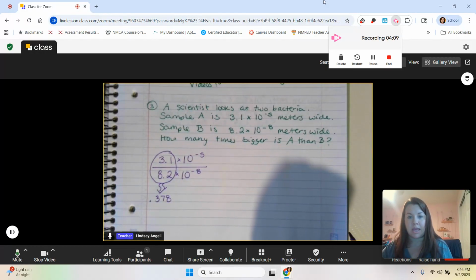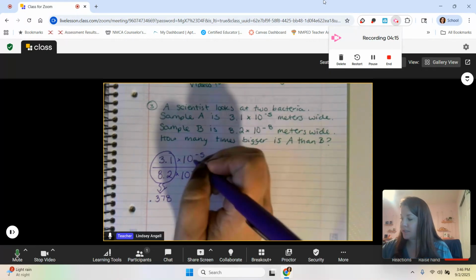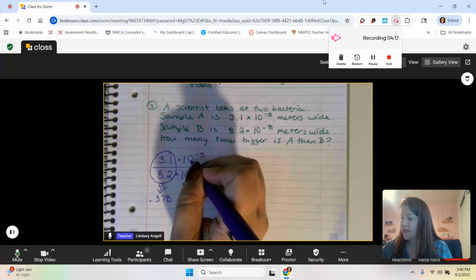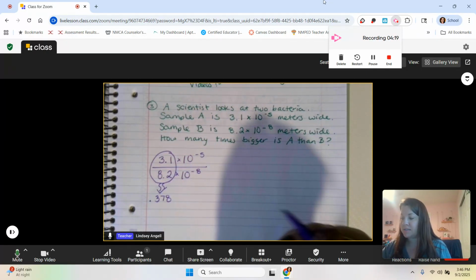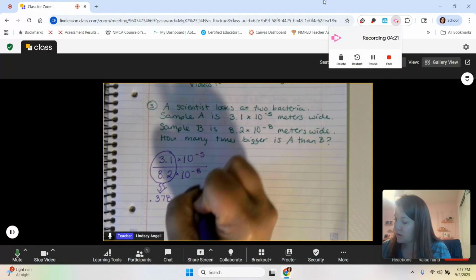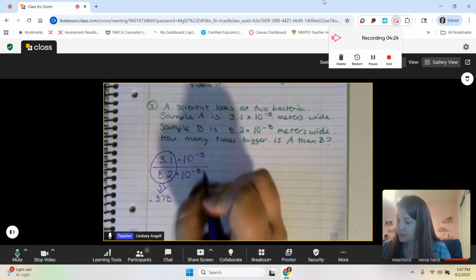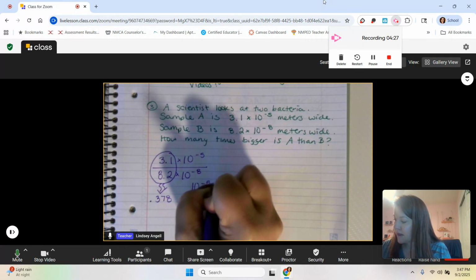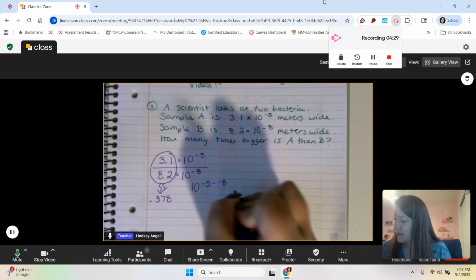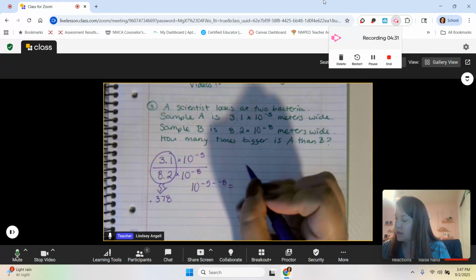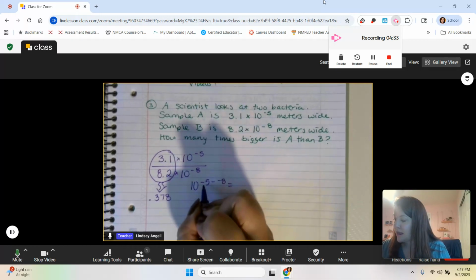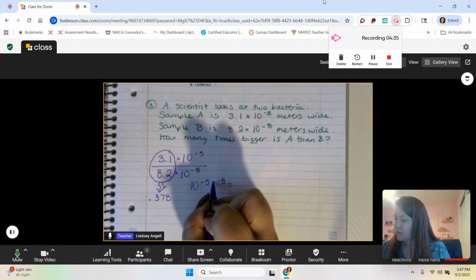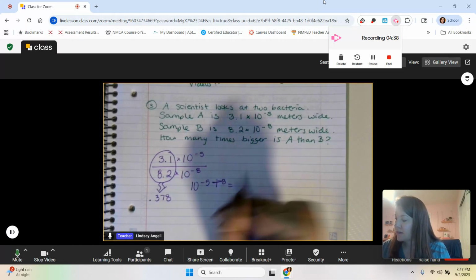Okay? And then what we're going to do is take the exponents, and since we are dividing, we're going to subtract our exponents. So we've got 10 to the negative 5 minus negative 8. Whenever you subtract a negative, you end up adding.